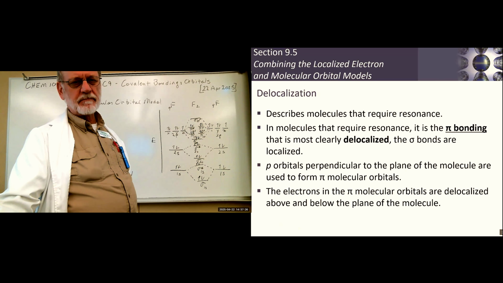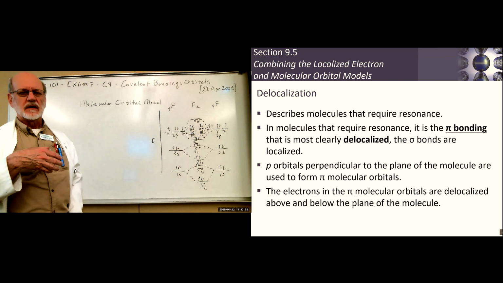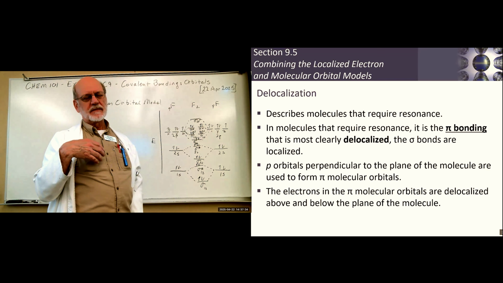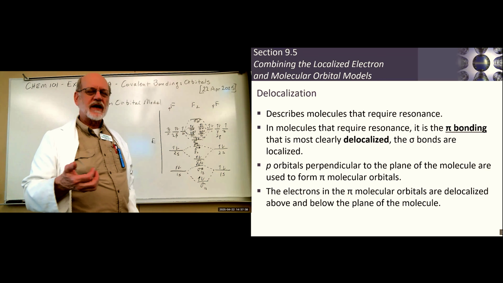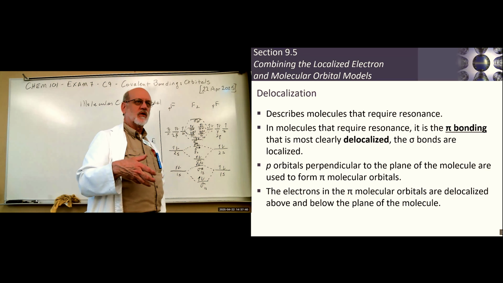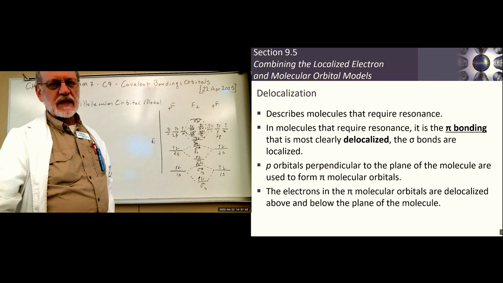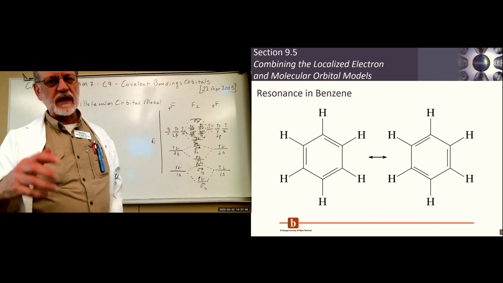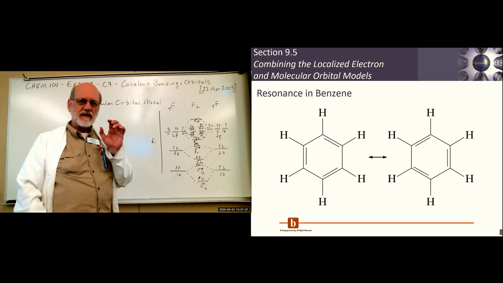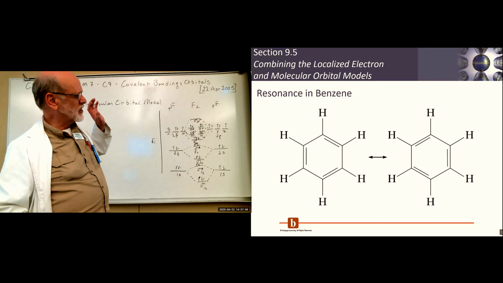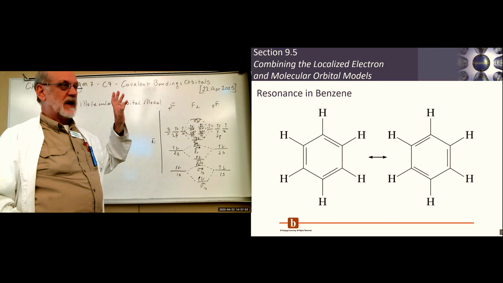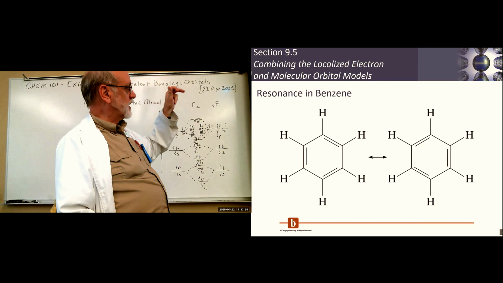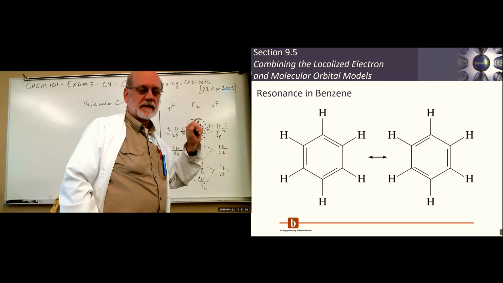Okay, so sometimes it's convenient to, I guess the word would be hybridize the localized electron model and the molecular orbital model. If we go to something like benzene, and approach it from the localized electron model idea, then we have to have double and single bonds, right?